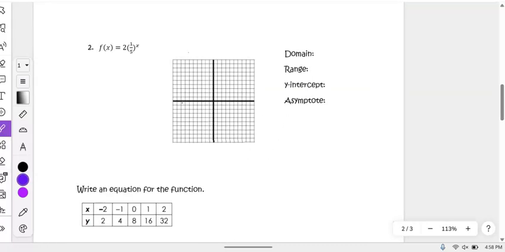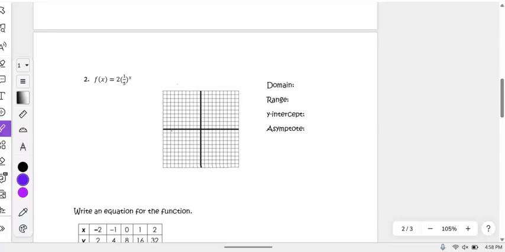Moving along to the second problem. Okay, so now we have f of x equals 2 times 1/5 to the x power. So I'm going to do the same thing.